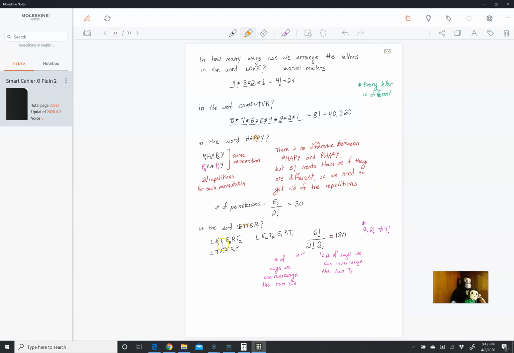So the reason why I have this second one written here is because if you divided by 4 factorial, it would be saying that these are the same, that we could rearrange the T's and the E's however we want, but we can't. The E comes second here. It has to come second in the next permutation if we want it to be the same permutation. Here now it comes third. So if we divide it by 4 factorial, it would be as if we treated the T's and the E's as the same, but they're not, okay? Each letter gets its own separate factorial down here.